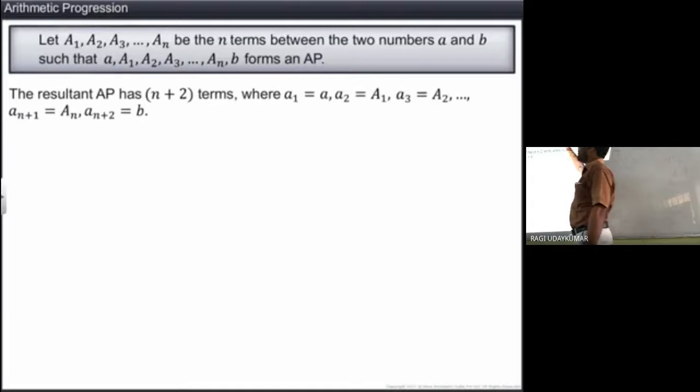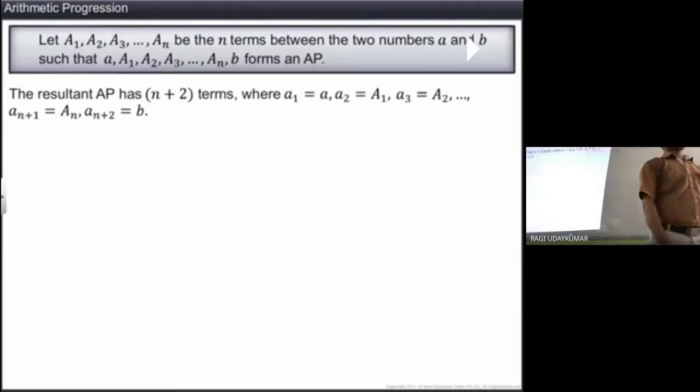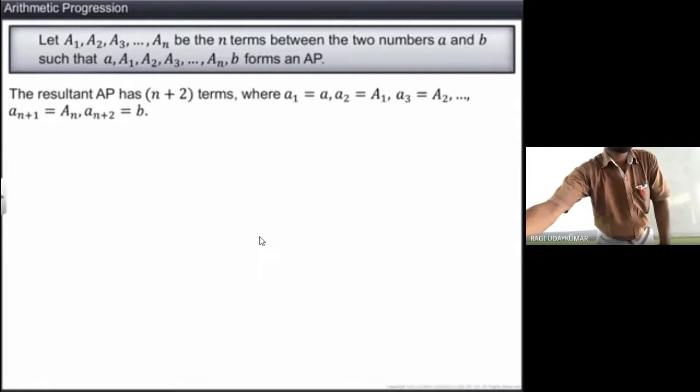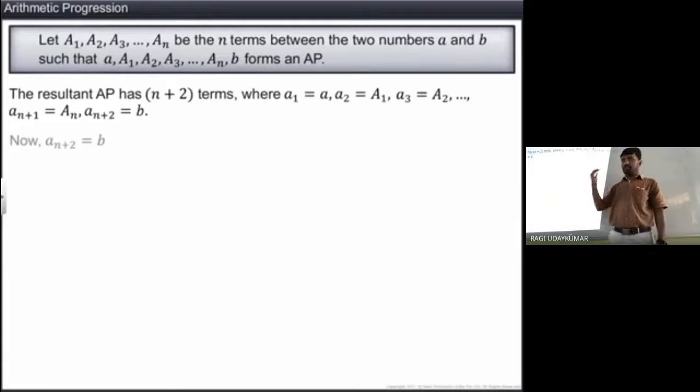Like that, b becomes the n plus 2 term, so a n plus 2 is equal to b. What is a n plus 2? a plus n plus 2 minus 1 into d. n plus second term can be written as a plus n plus 2 minus 1 into d is equal to b.